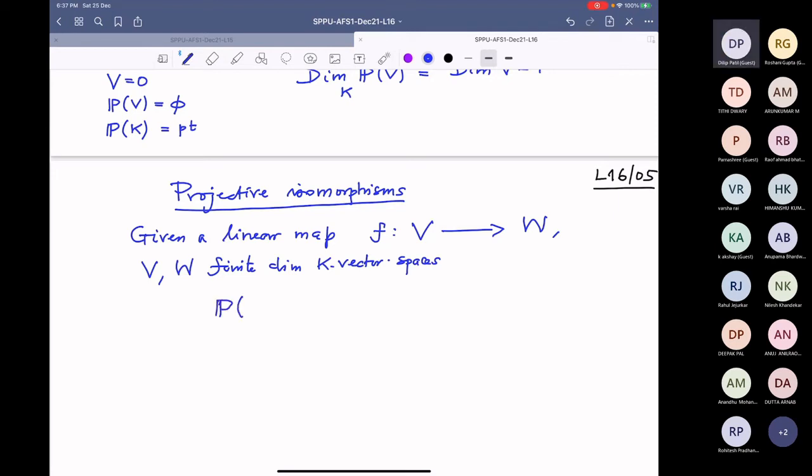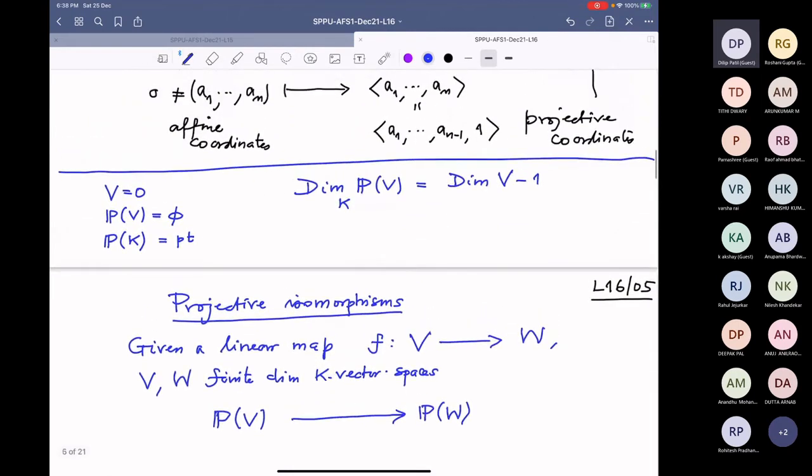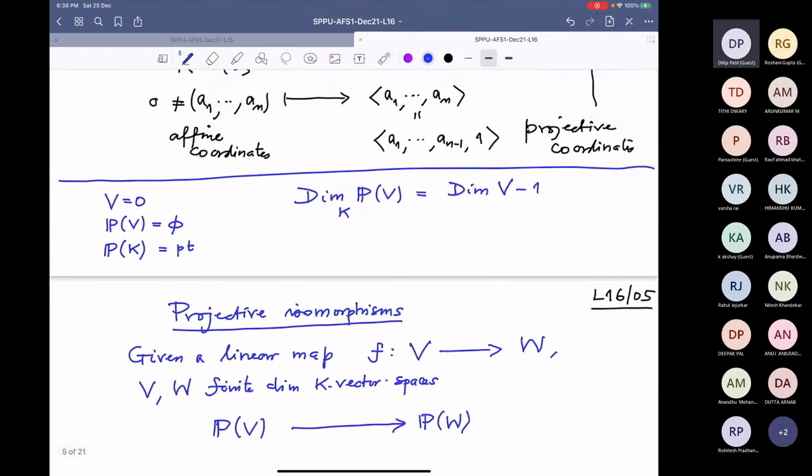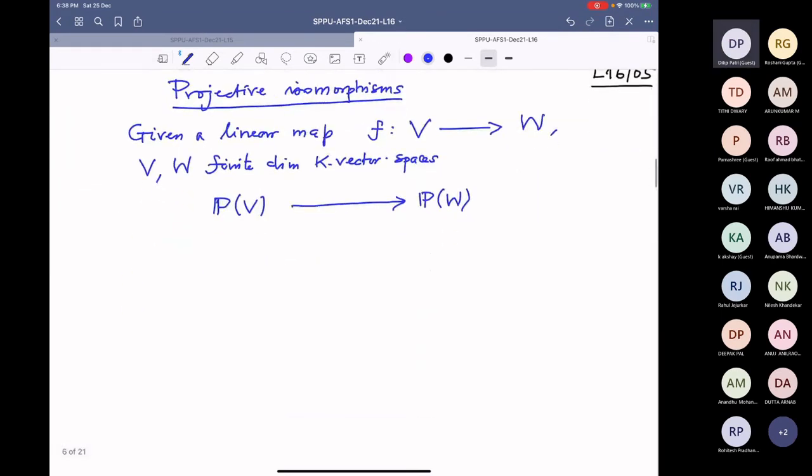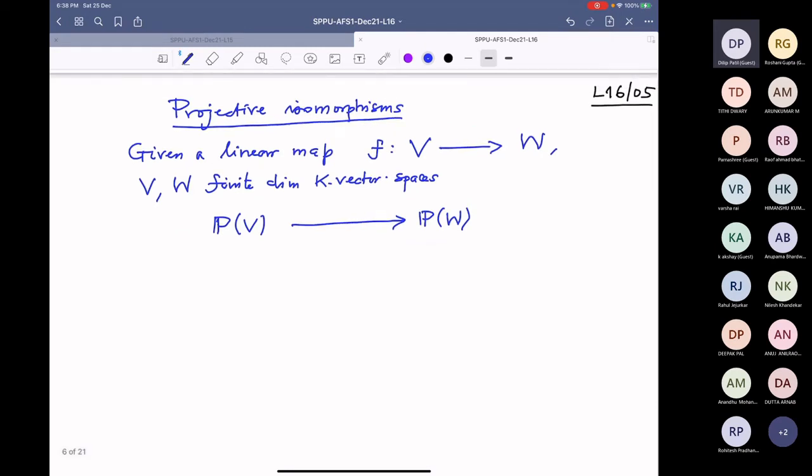And a very natural map. See, if you use the coordinates, you will struggle. But if you are coordinate free, you will easily write it. All right. So what is the map? You know what is a PV element. So this map, of course, will depend on this linear map, so it will be denoted by this.